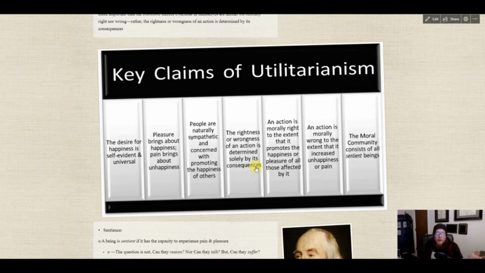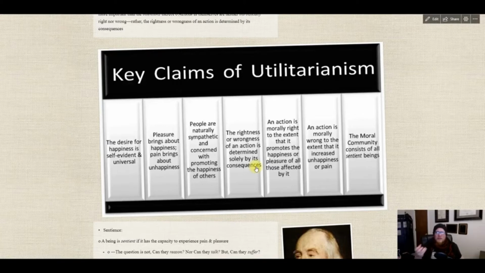We like to make other people happy, often because it makes us feel good. Further, an action is morally right to the extent that it promotes the happiness or pleasure of all those affected by it. We can measure goodness by how it affects the maximum number of people positively. On the other hand, an action is morally wrong to the extent that it increases unhappiness or pain.